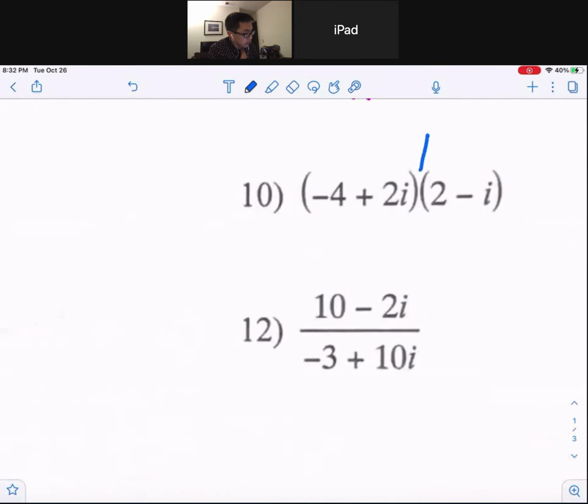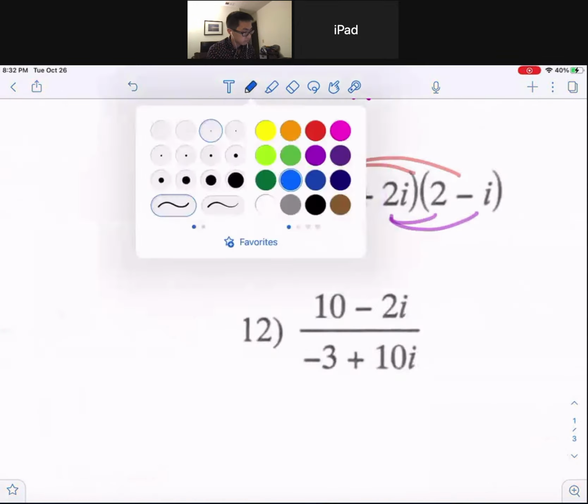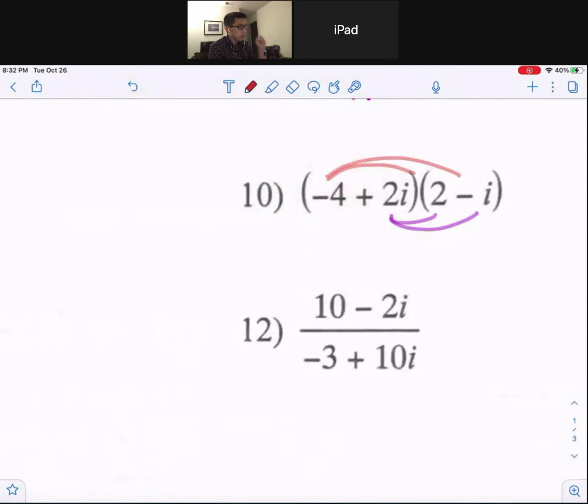Over here, number 10. Right here, this is multiplication because it's parenthesis on parenthesis. So this is where you have to do a double distribution. Negative 4 times 2, that's negative 8.